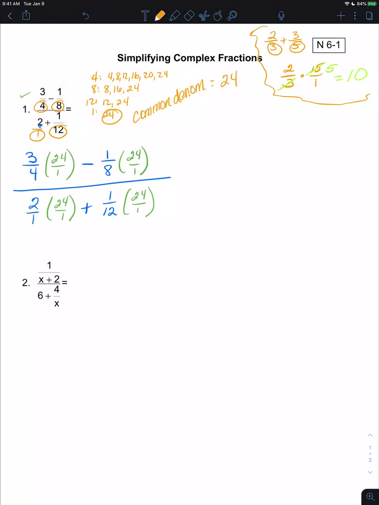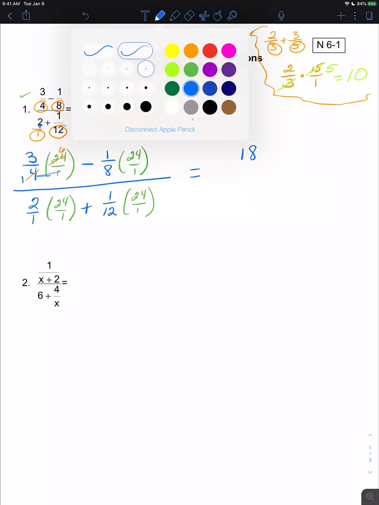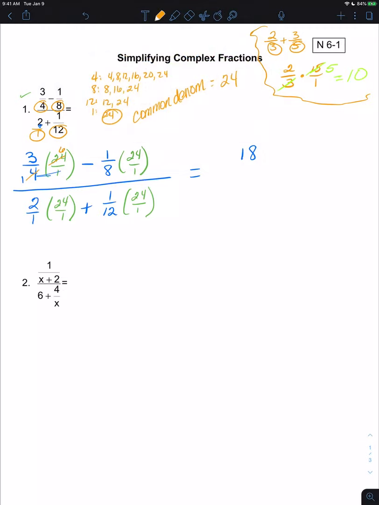Now, here's where we want to try to reduce. So here we can reduce this 24 with this 4, and that becomes a 6. Well, 3 times 6 then is 18. Anything over 1 is always just the number. Remember that. Okay, so the 8 in the 24 will reduce to a 3.